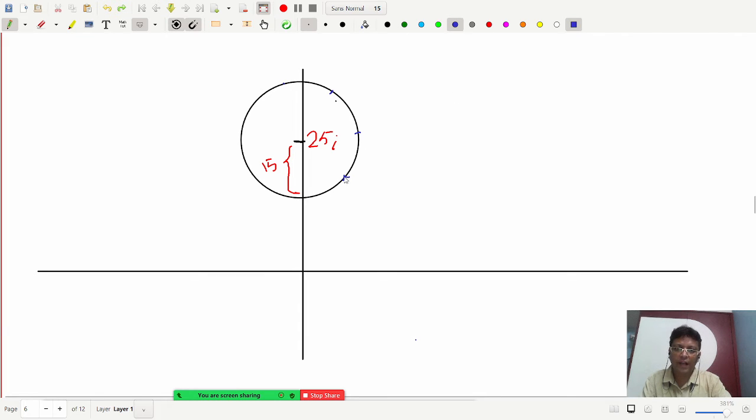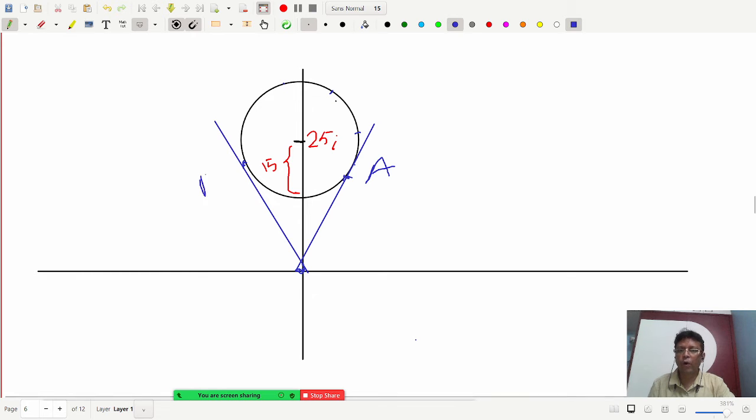If I draw a tangent at this point, I will try to draw the tangent. So let me try to draw it, yeah, this is tangential, suppose. This is point A, and similarly on the other side of the circle you can draw the tangent.